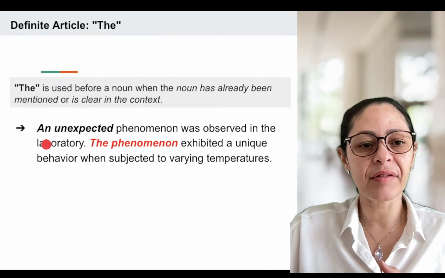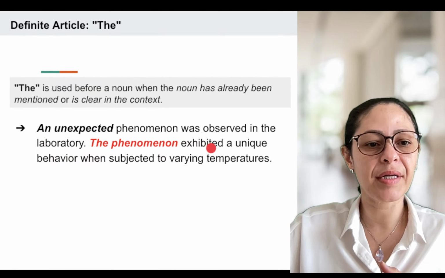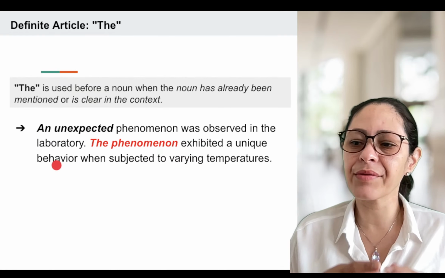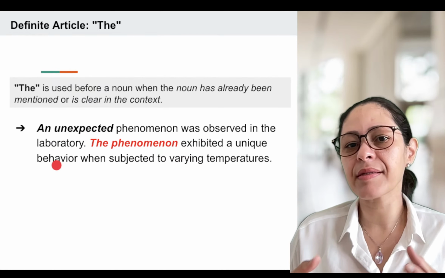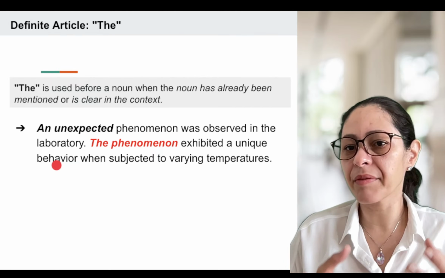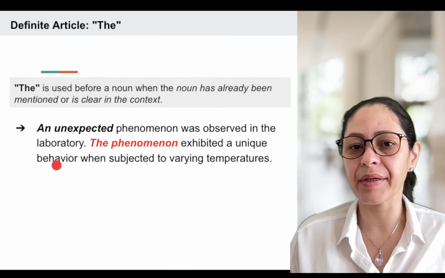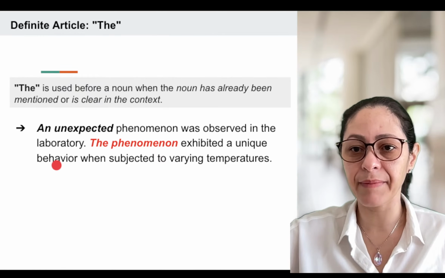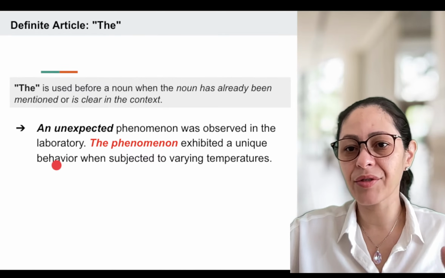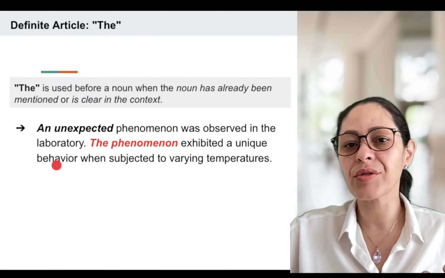An unexpected phenomenon was observed in the laboratory. The first time I used an because it's a phenomenon from many phenomena. It was an unexpected one. Many could have happened. So I'm talking about a general idea. But the second time I mentioned this phenomenon, then I should use the.